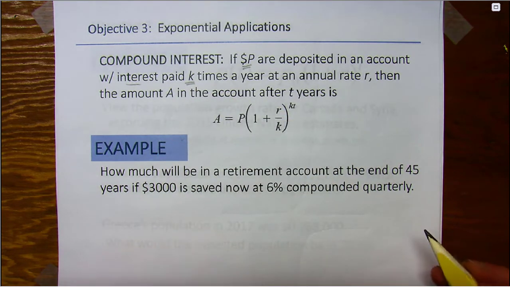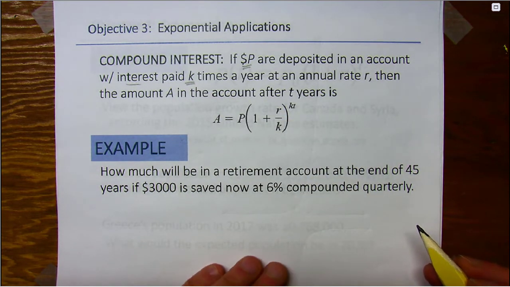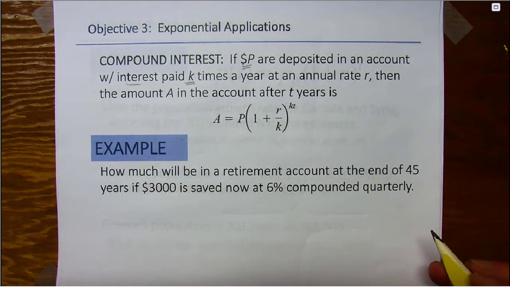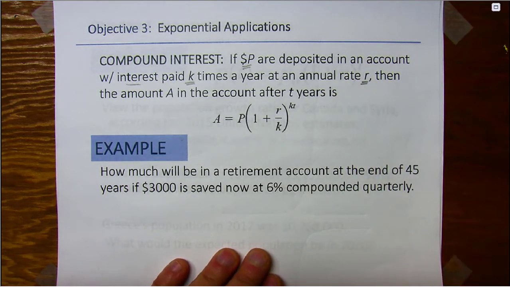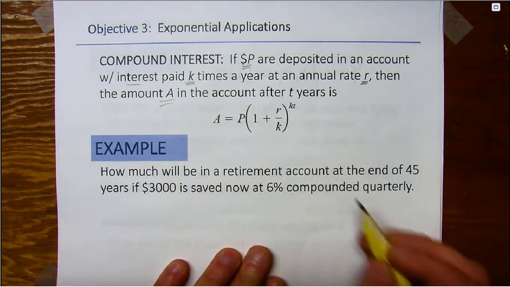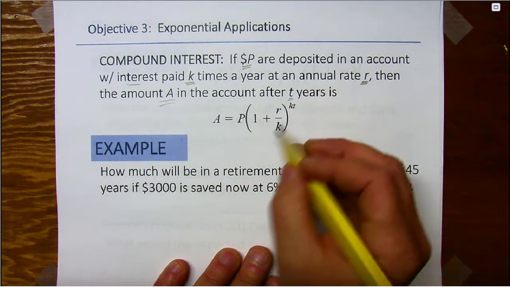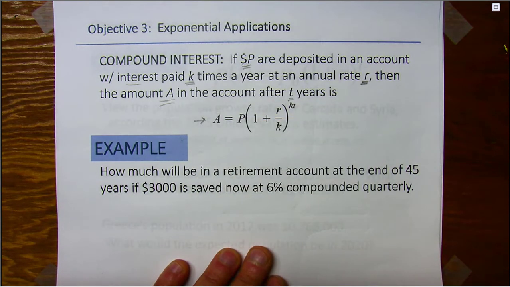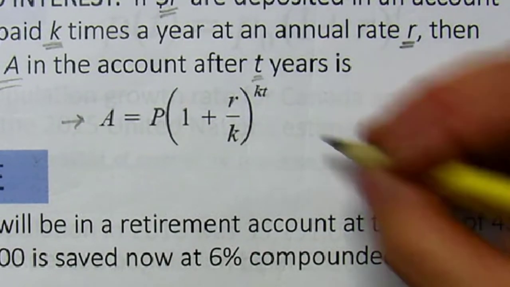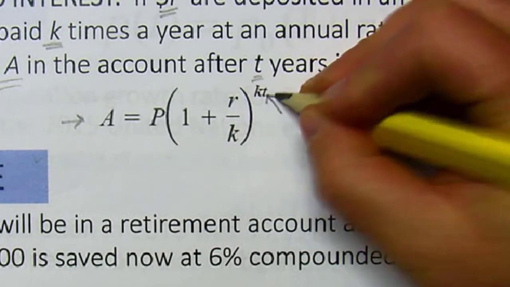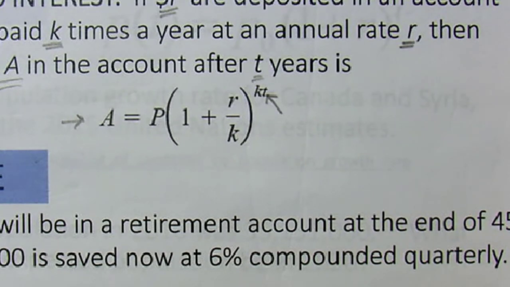Now that can be twice per year or 4 times per year, or if it's monthly, 12 times per year. And you get an interest rate that is the value of r, then the amount A that you'll have in the account after t years is given by this formula. We know that this is an exponential formula because t, which is what your balance depends on, is up here in the exponent.